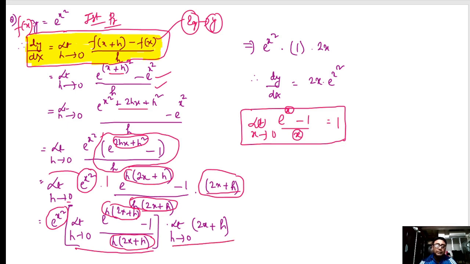This was already out and this value is 1. Now applying h tends to 0, this will become 0. So it is 2x, and the differentiation of this is 2x e to the power x square. We have taken the help of this formula, and this is the answer of this differentiation using the first principle.